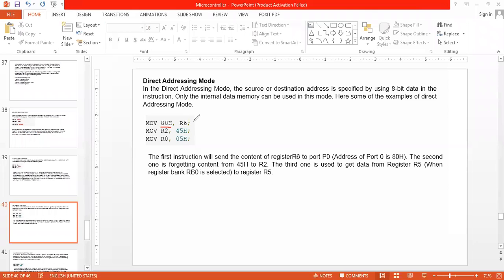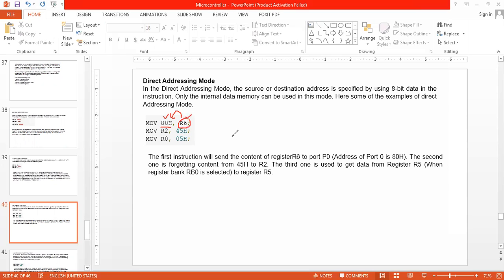Always in the immediate addressing mode, the immediate number is written in the source operand. We know that this is a source operand and this is a destination operand, so the data always moves from source to destination.